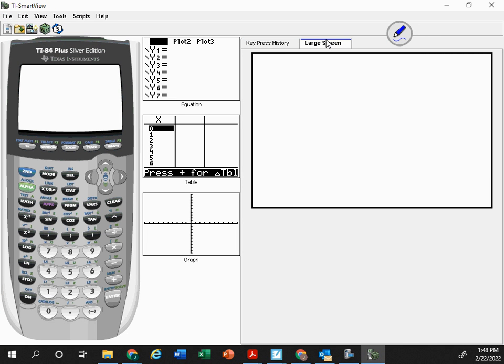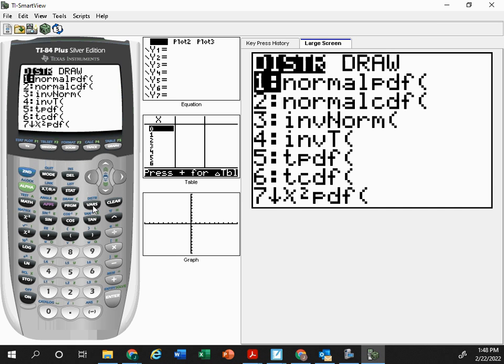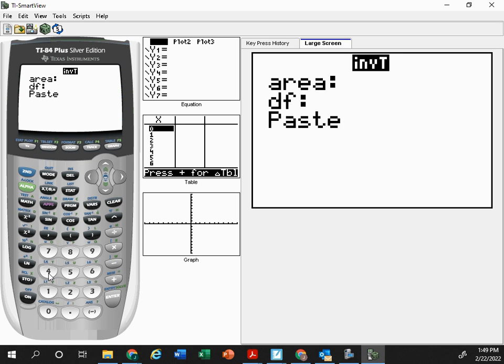All right, so if we go to the distribution menu, second vars, you see inverse t down there. So number 4. Okay. We're doing a 90% confidence interval. So remember, it's been a while since we've done this too.